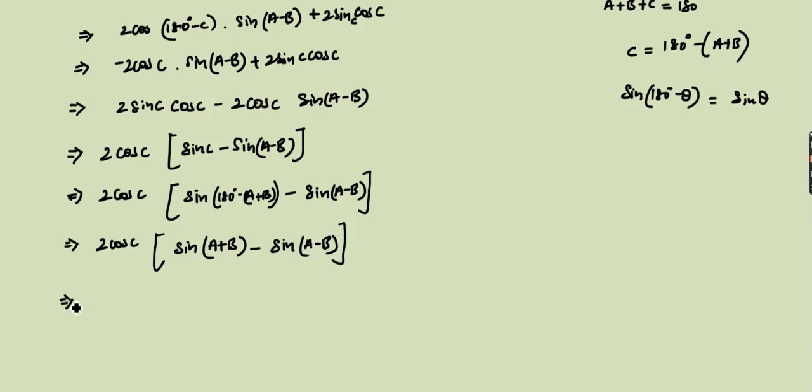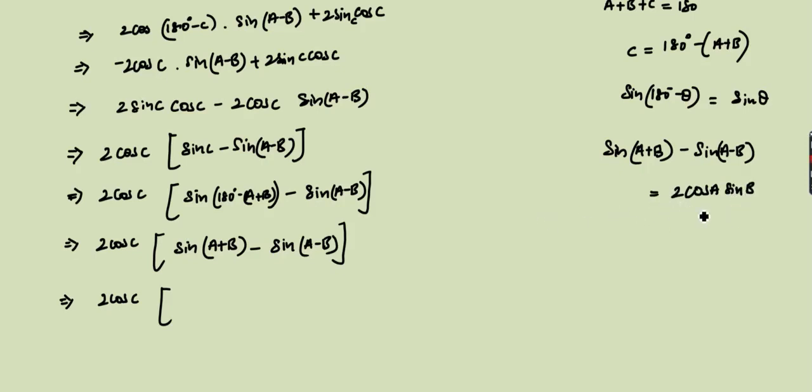So we will write 2 cos C as it is, and we know sin of A plus B minus sin of A minus B is equal to 2 cos A sin B. So this is the formula we know.